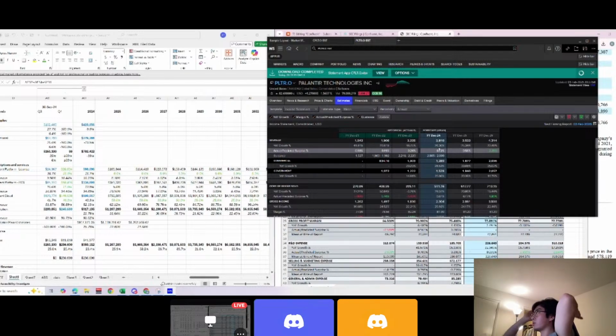So even with 26% growth, I guess at that level is still pretty solid.